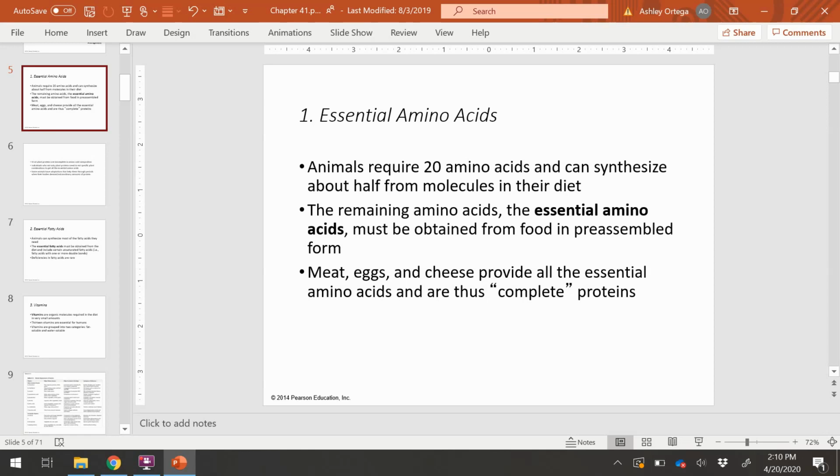They cannot be made within the animal themselves. Foods such as meat, eggs, and cheese have all of the essential amino acids, typically about 8. There are 8 essential amino acids for humans, and so these would be complete sources of protein.